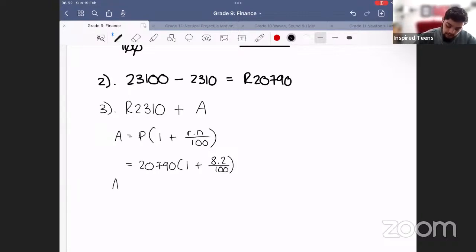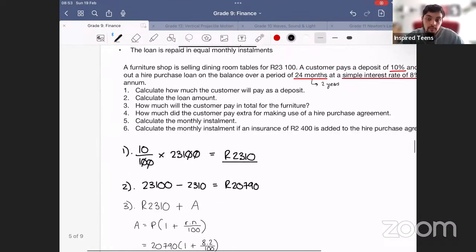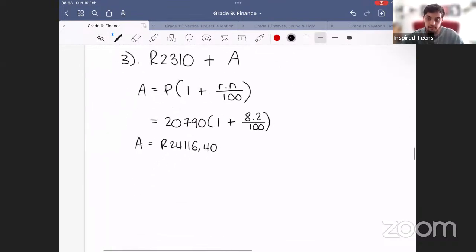When I do this calculation, I get that A is equal to 24,116.40 Rand. Okay, perfect, you got the same answer.